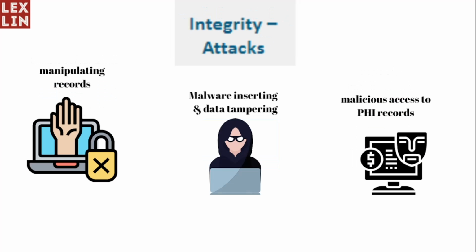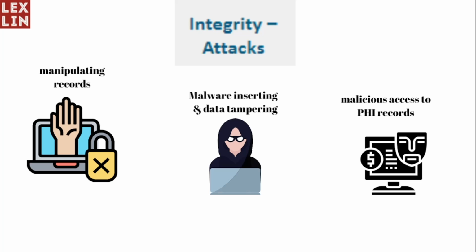So that's another example. Let's get into examples of integrity attacks. A good example of an integrity attack is unauthorized database access, to the point where a janitor has access to the data and manipulates the records.